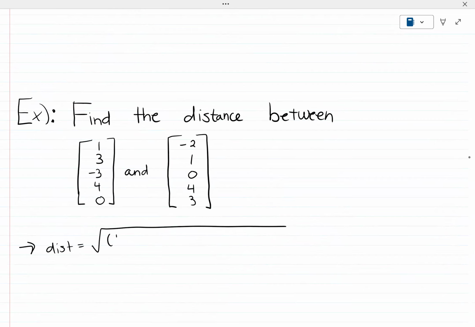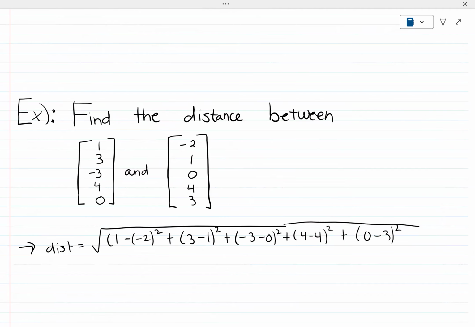So it's going to be 1 minus -2 squared plus 3 minus 1 squared plus -3 minus 0 squared plus 4 minus 4 squared plus 0 minus 3 squared.